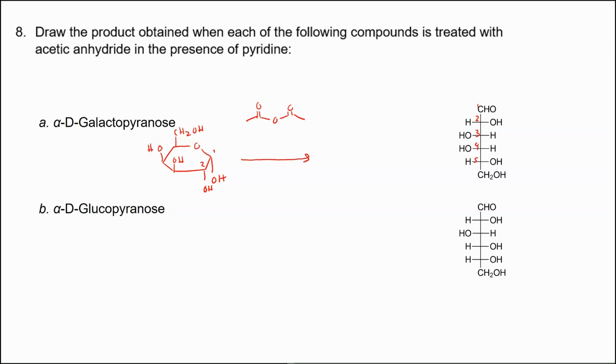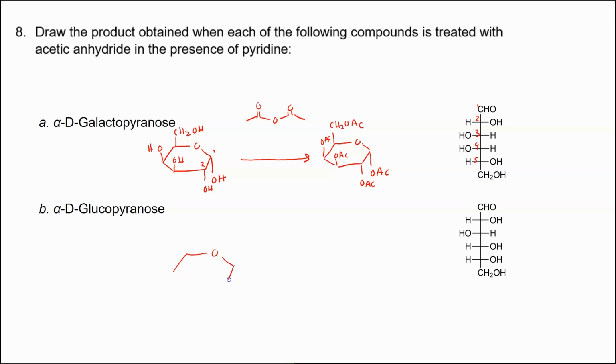So when we react it with acetic anhydride, all of that is going to get acetylated, including the alcohol up here. And we'll see the same thing with the glucopyranose.